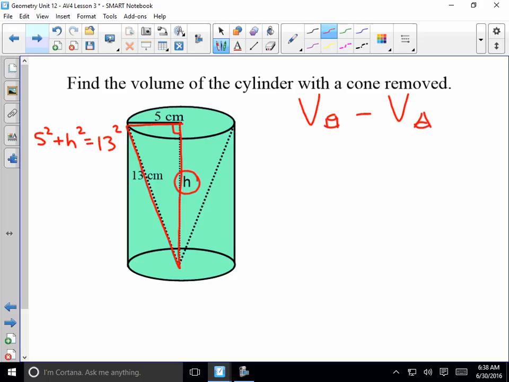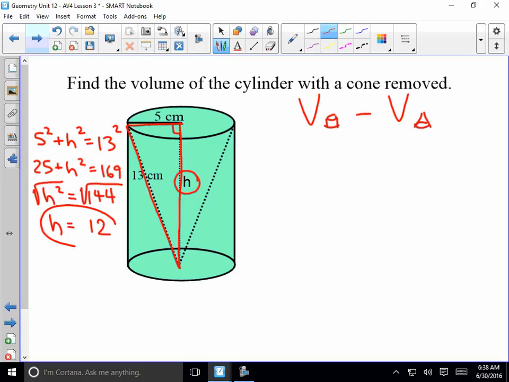So I have to solve for the height first before I can do my volume work. 5 squared is 25 plus h squared equals 169. Subtract 25 from both sides. h squared equals 144. To get rid of the squared term, we have to square root both sides. The square root of h squared is just h. The square root of 144 is 12.